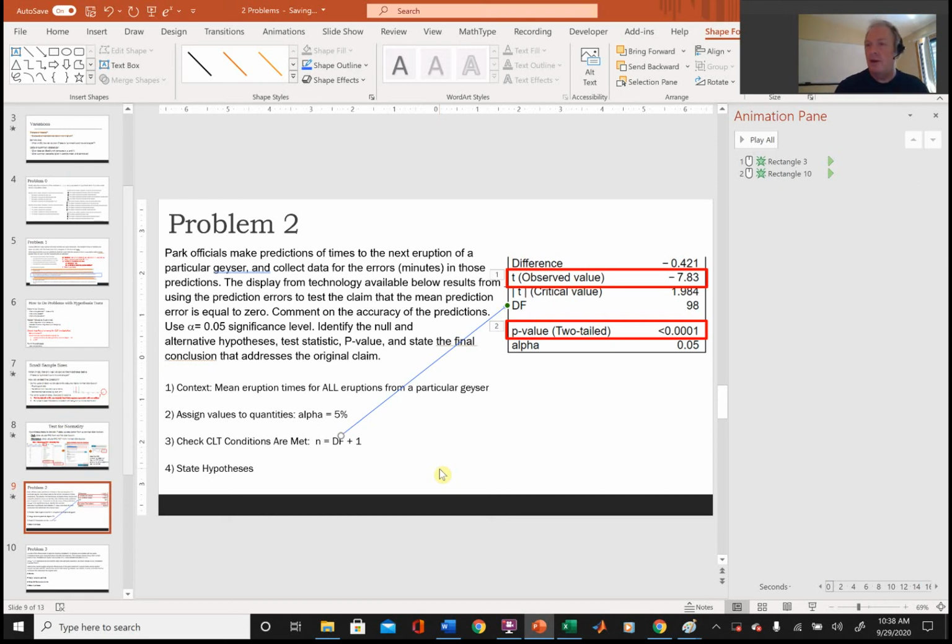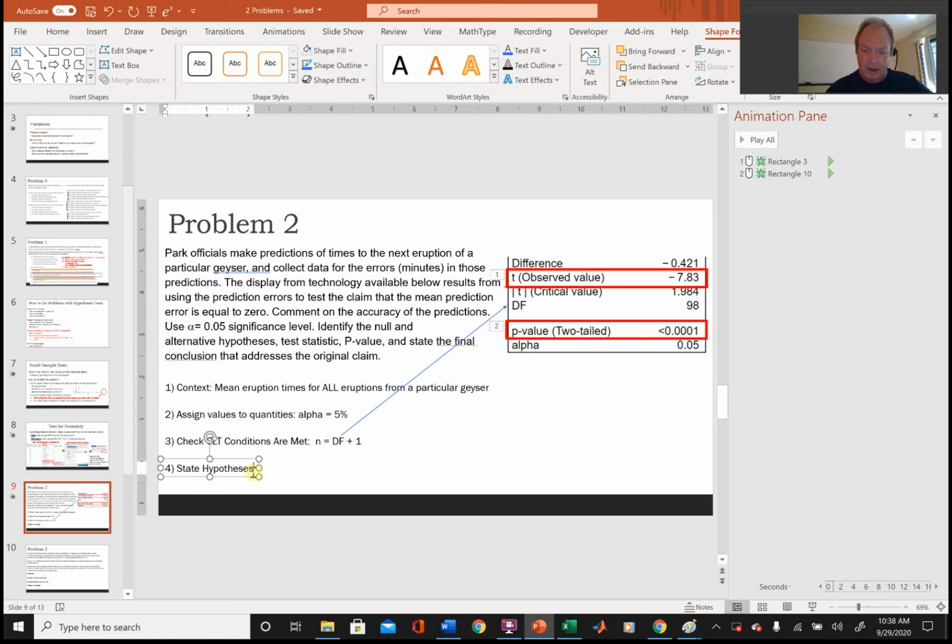What is our hypothesis? The claim is that the average of the prediction errors should be equal to 0, right? When we're testing a claim, the alternative is that it's not equal. It's the opposite of the claim.